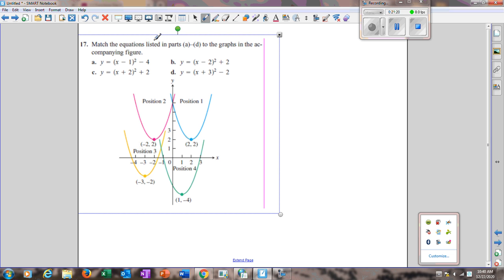So it would be x plus 2 squared plus 2. So that would be C. If I'm looking at position 3, that's left 3, which would be x plus 3 squared minus 2. So that's D. And then obviously position 4 has to be A.